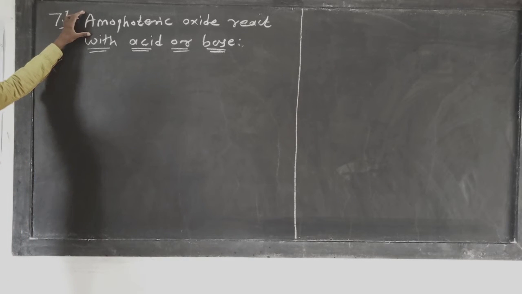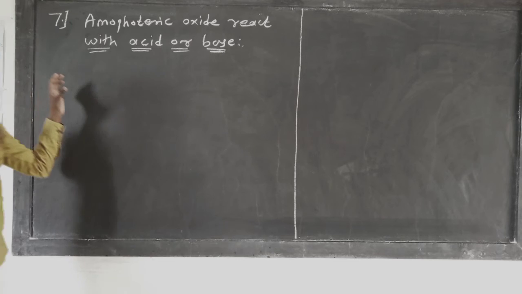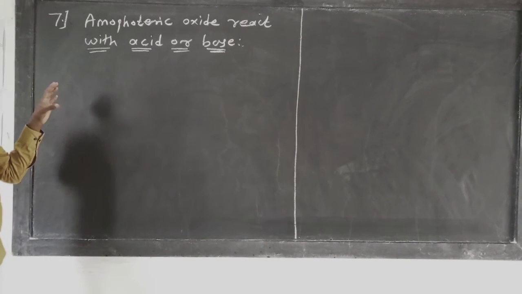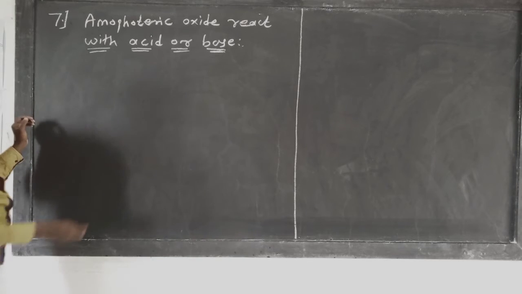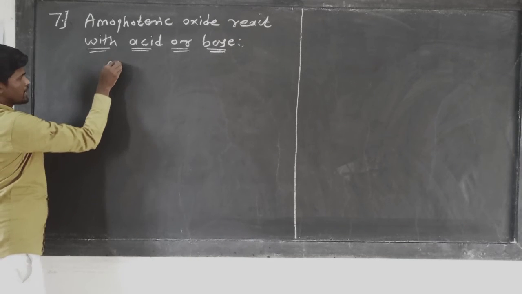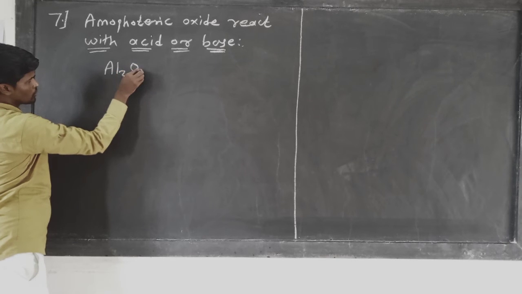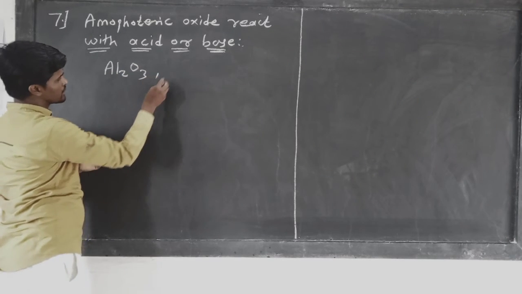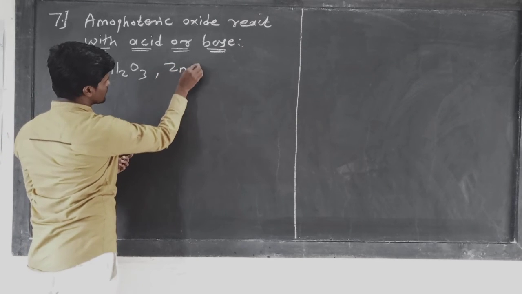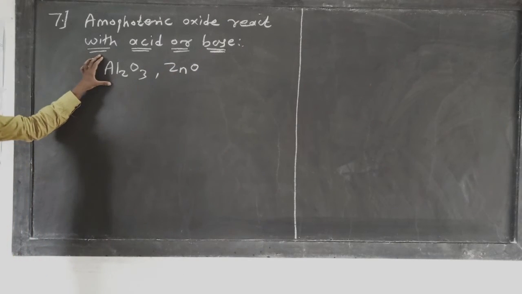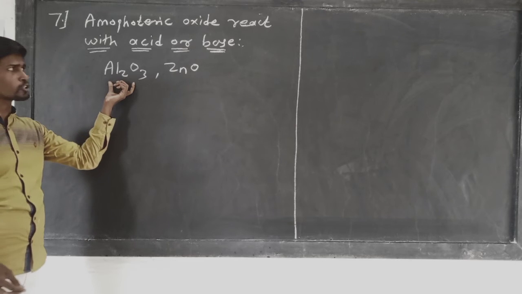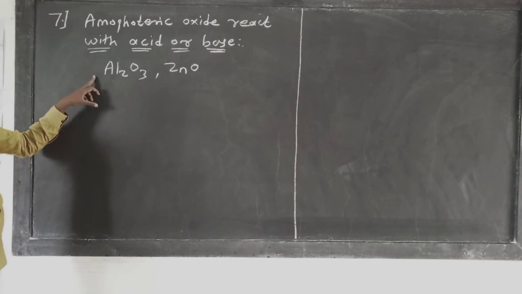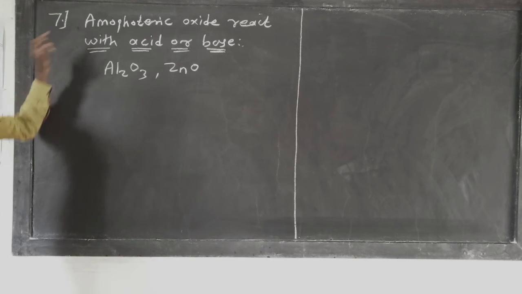Amphoteric oxide means these show the properties of acidic as well as basic, and these are called amphoteric oxides. For example, Al2O3, which is called alumina, or second example, zinc oxide. It is an amphoteric oxide, and this amphoteric oxide shows the properties of acidic as well as basic.